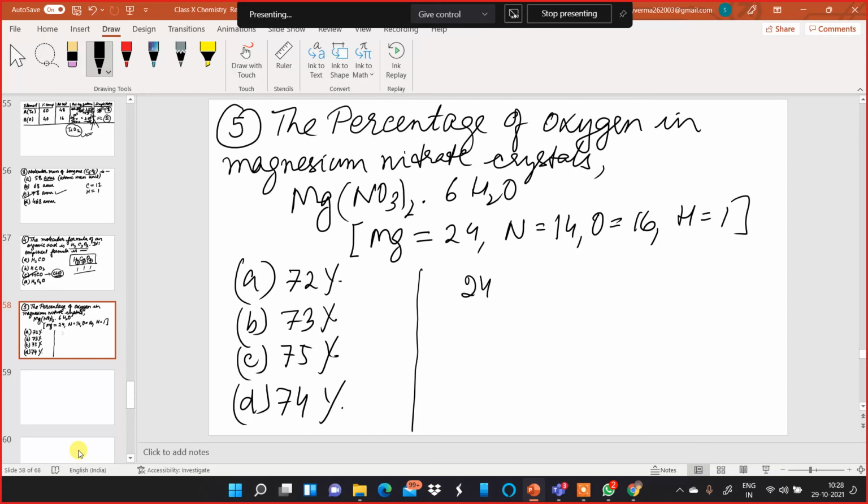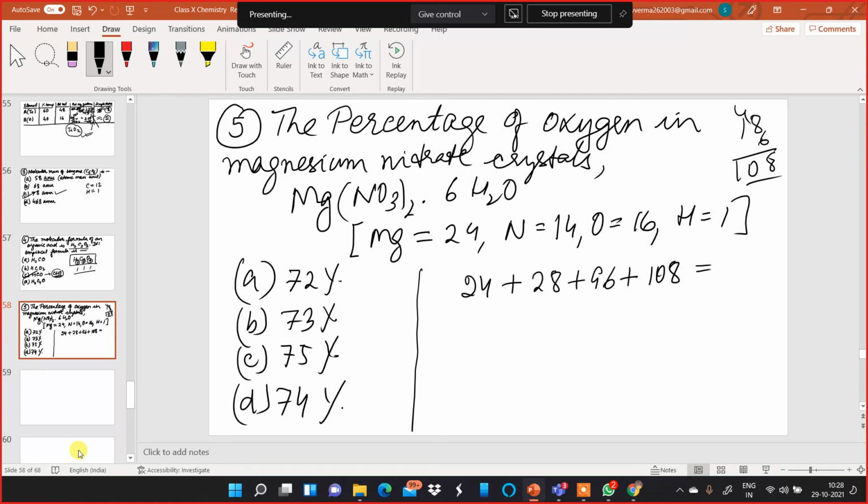Magnesium is 24, plus nitrogen 14 times 2 is 28, plus oxygen 16 times 6 is 96, plus water is 18, 18 into 6 is 108. If we add all this, you get the relative molecular mass of magnesium nitrate crystals.